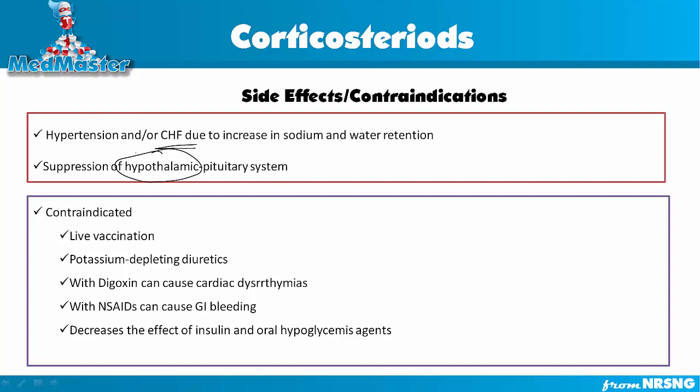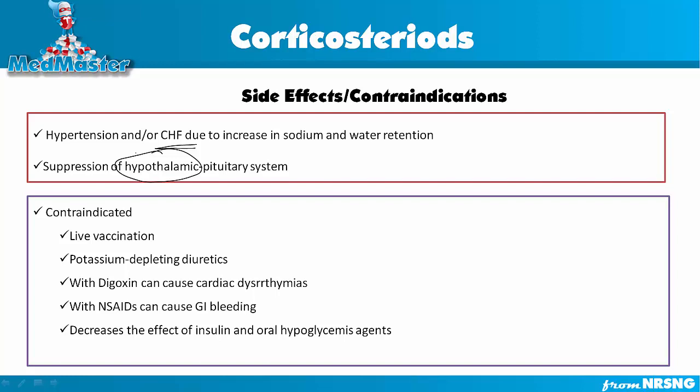It is contraindicated in live vaccination because it decreases the immune system, so you cannot give live vaccination to a patient who is on steroids, because instead of their body creating antibodies for those vaccines, it will cause that disease.